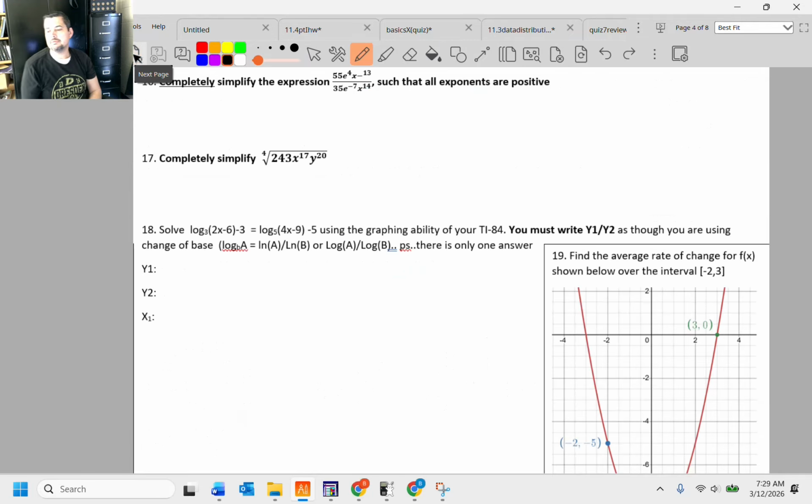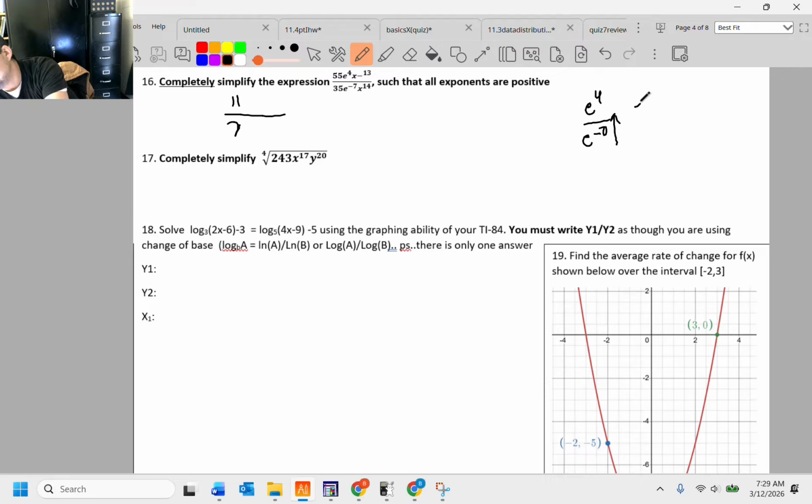All right. I think I'll probably stop at the end of this one for this part. Completely simplify the expression 55 e to the fourth x to the negative 13, sitting pretty over 35 e to the negative 7 x to the 14, such that all exponents are positive. Now, 55 and 35 are both divisible by 5. That's 11 sevenths. You think about your e to the fourth over e to the negative 7th.